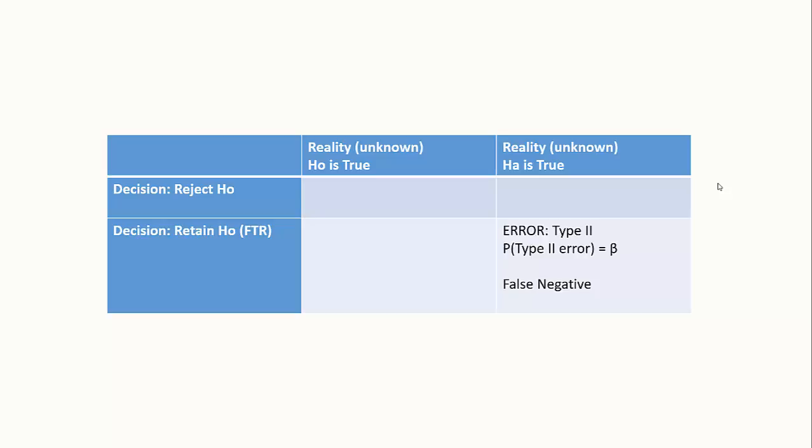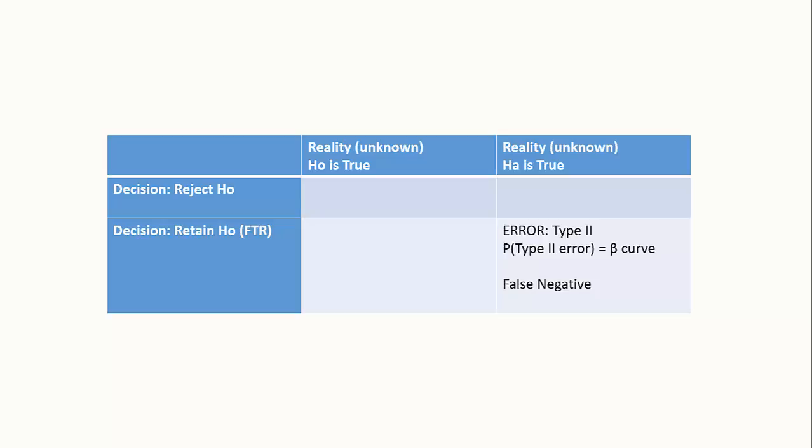Of course, if you fail to reject H0 and make an error, that's a type 2 error. The probability of that is beta, or I could say, if we want a beta curve, it's not a single value, it would be different for every potential value of HA.